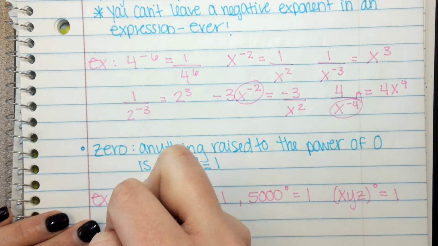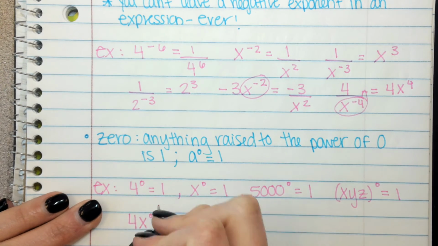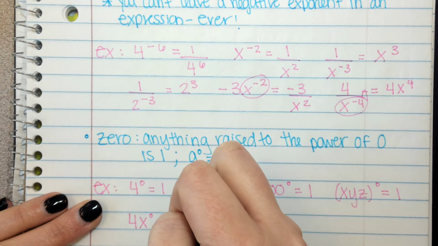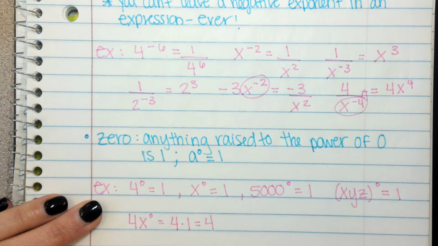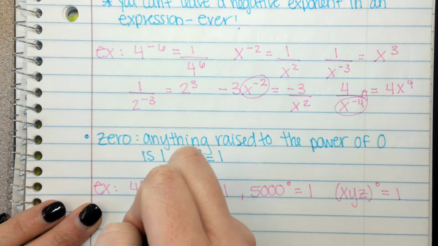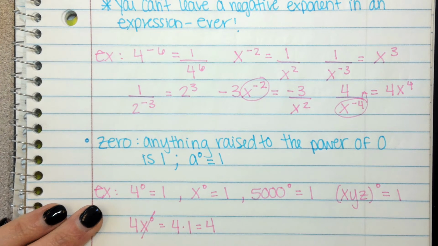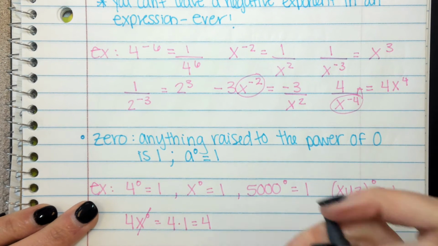If I give you 4x to the 0 power, okay, x to the 0 changes to 1, so that's like 4 times 1 is just 4. So what I want you to notice is that this x to the 0 kind of cancels itself out because it changes to 1. And we know if we multiply by 1, nothing changes.